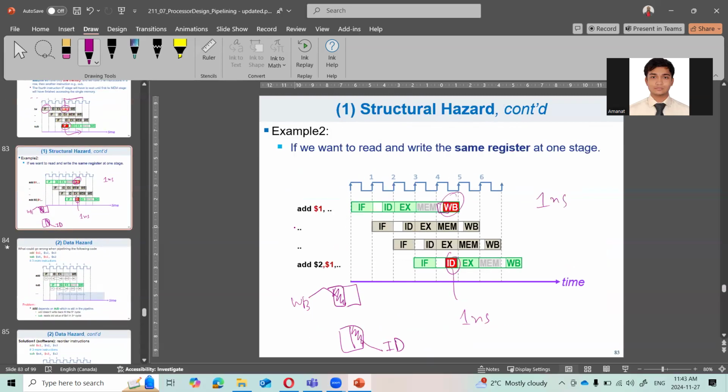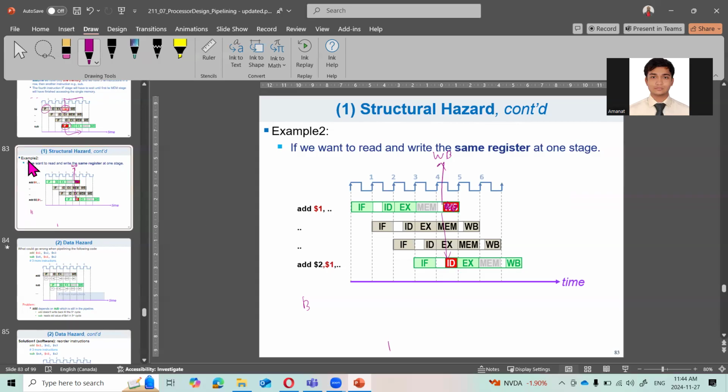So in this case, the write back was, let me just clear it out for you to show. If in this case, the write back was in this portion and this portion was empty, right? Then it doesn't collide with the decoding, right? Because decoding is using the second nanosecond and write back is using the first nanosecond. That's how this structural hazard can be avoided.